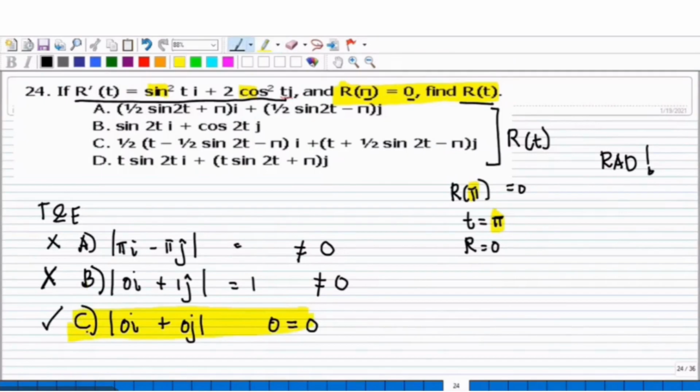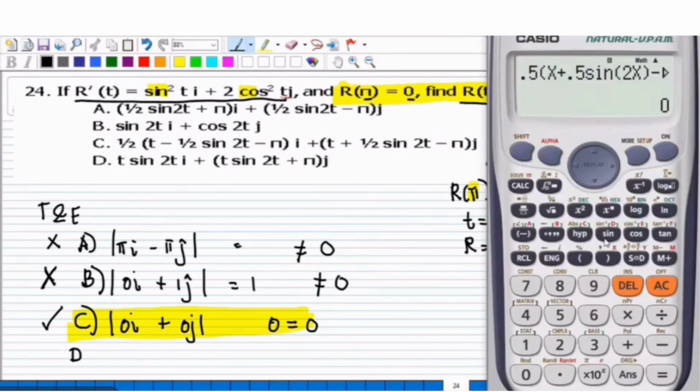Try pa natin si letter D. Baka pwede siya. Kapag pwede siya, let's go back to your conventional way na kung saan mag-integrate tayo. So, this is x sine 2x i. Kapag meron na itong value, wala nang possibility na mag-0 pa yan.